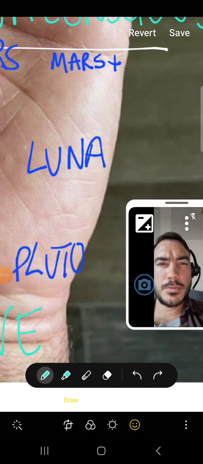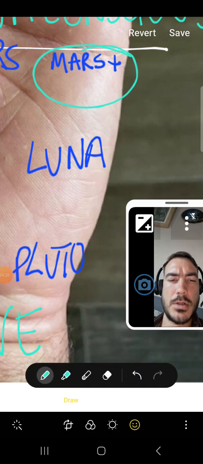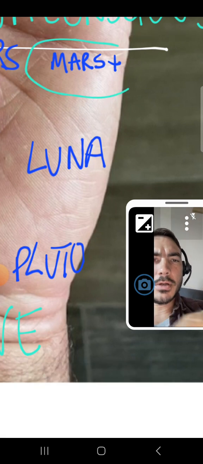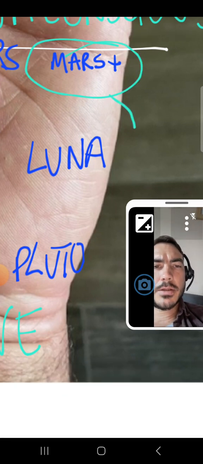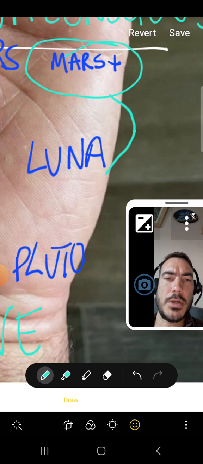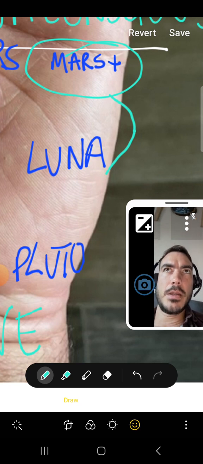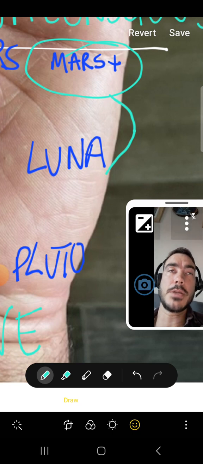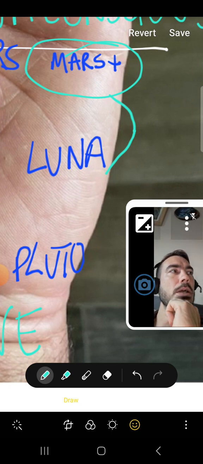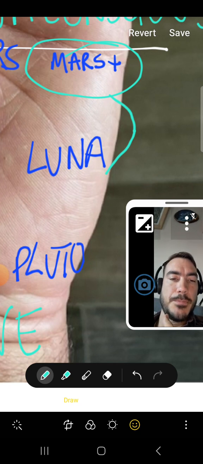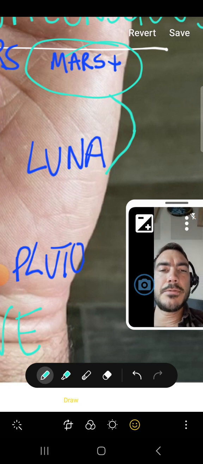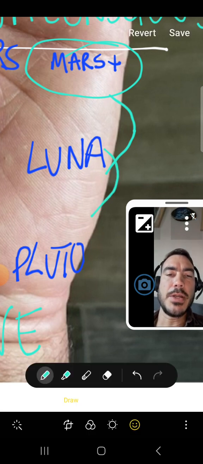So we've got Mars positive, or upper Mars here if you like, but just under that, if this part of Luna, and that's an exaggeration, is pronounced out of the side of the palm, this is someone, as I've stated, who has an affinity for water, and is a natural creative.